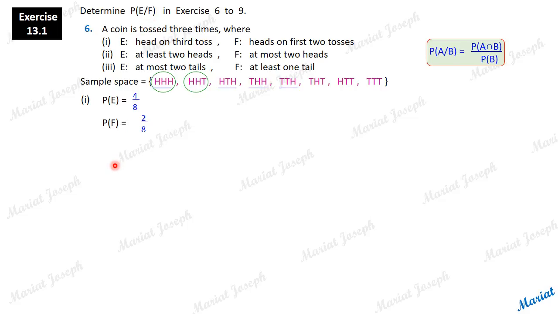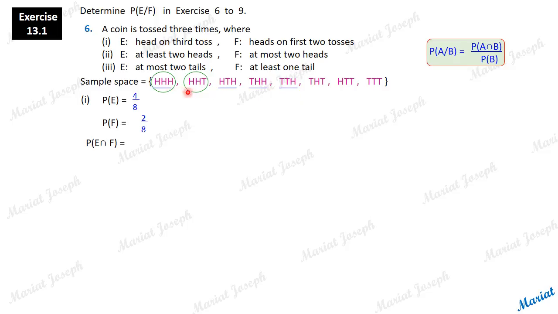So let us find out what is the probability of E intersection F. What do we mean by probability of E intersection F? The probability of the outcomes which are common to both events E and F. Which means head should be on the third toss as well as heads on the first 2 tosses. We have already highlighted them.